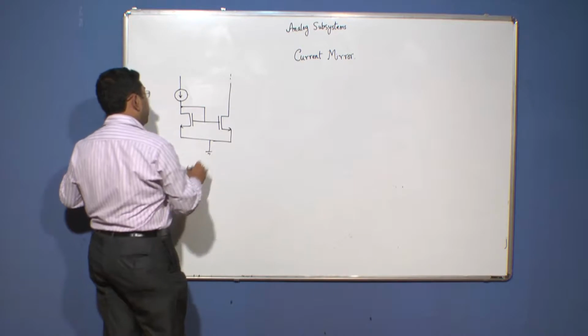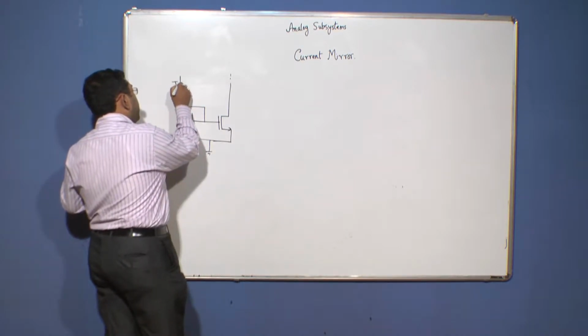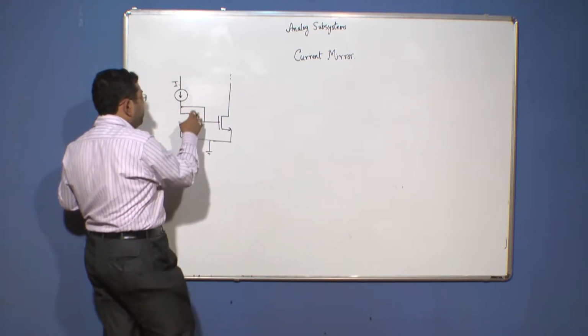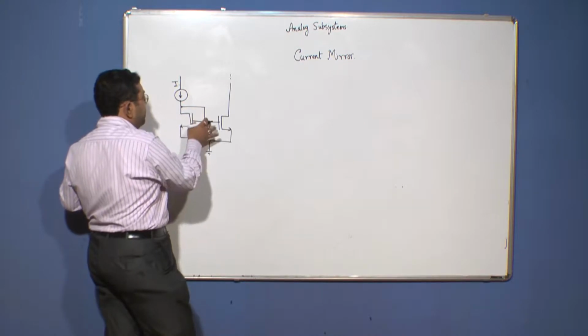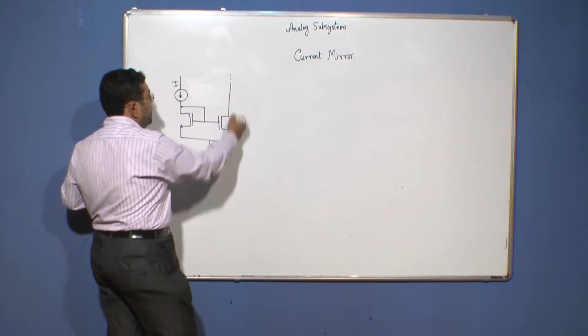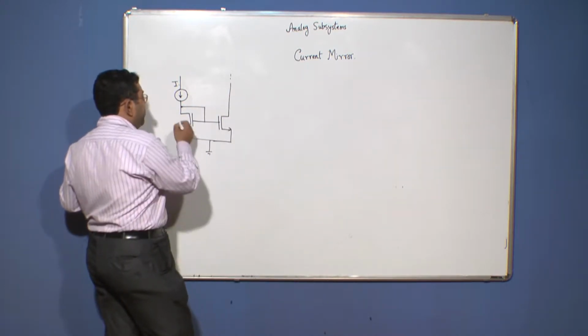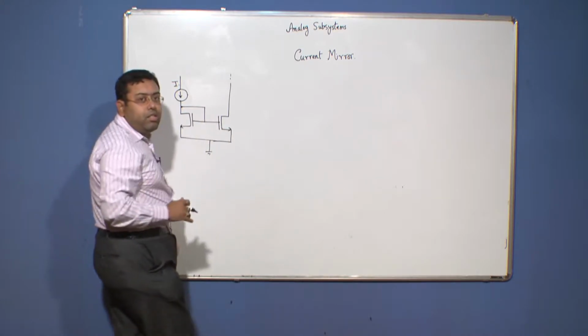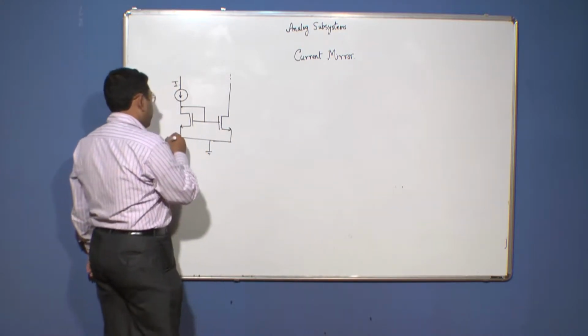a circuit like this, then when this current I is coming to this MOS transistor, we shall see that the same current I is also available over here, provided these two MOS transistors are geometrically identical.